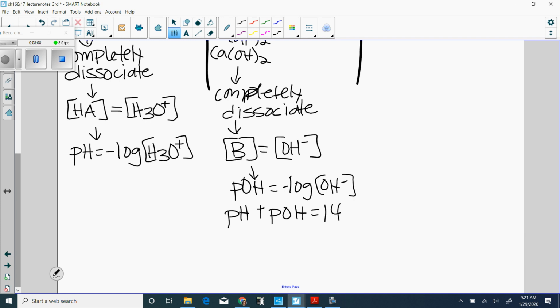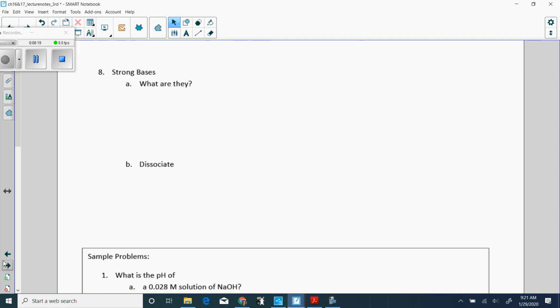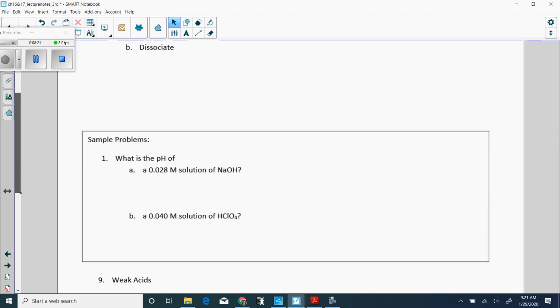Okay? So let's do a sample problem with those. Get out your notes packet, and it's on the back of the page that we were learning yesterday. In this box here.